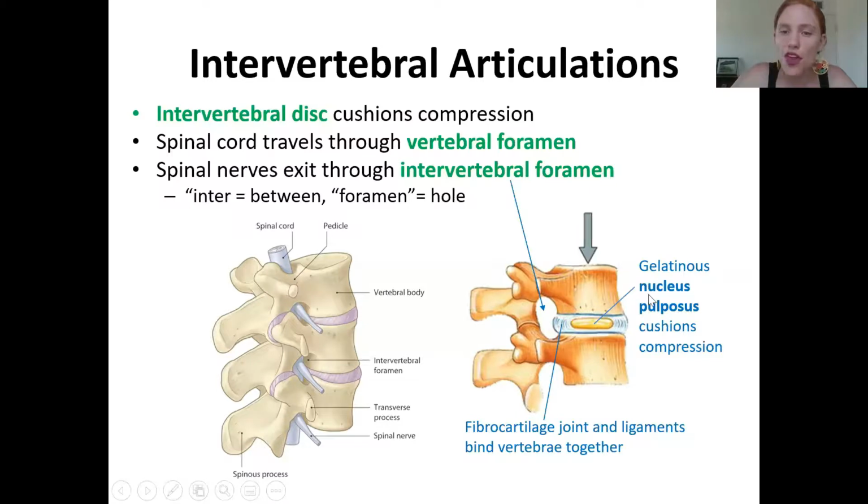And even more than that, in the very center of it, it has a gelatinous mass called the nucleus pulposus. That creates a little bit more cushion so that you can get quite a lot of movement, and it prevents compression due to gravity and all of that. So that creates a nice, wonderful articulation joint between the vertebrae.